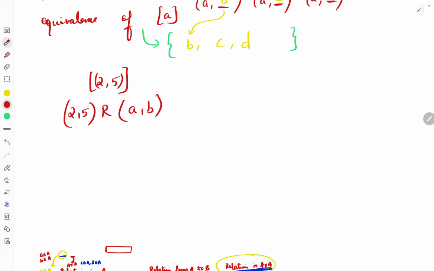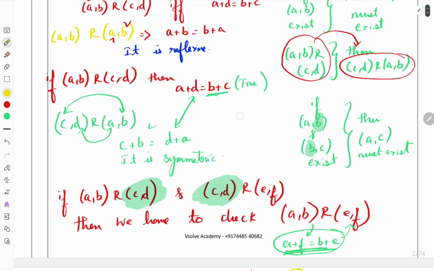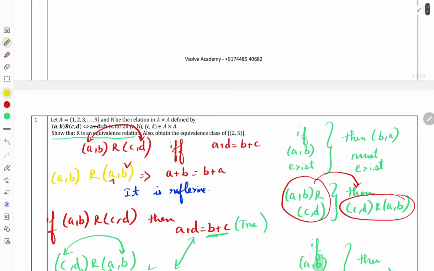If it is related, I can write 2 plus B equal to 5 plus A. So from here B will be equal to 5 minus 2, which is 3, so 3 plus A.